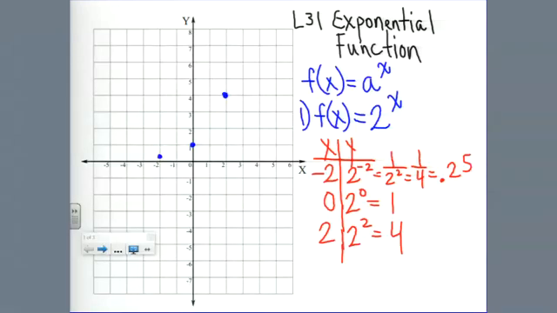Now, if you pick a few more values to plug in, if you plug in 3, that would be 2 to the 3rd power, or 8. So with each increasing number, your y's are going to increase also. So this is how your graph will look.